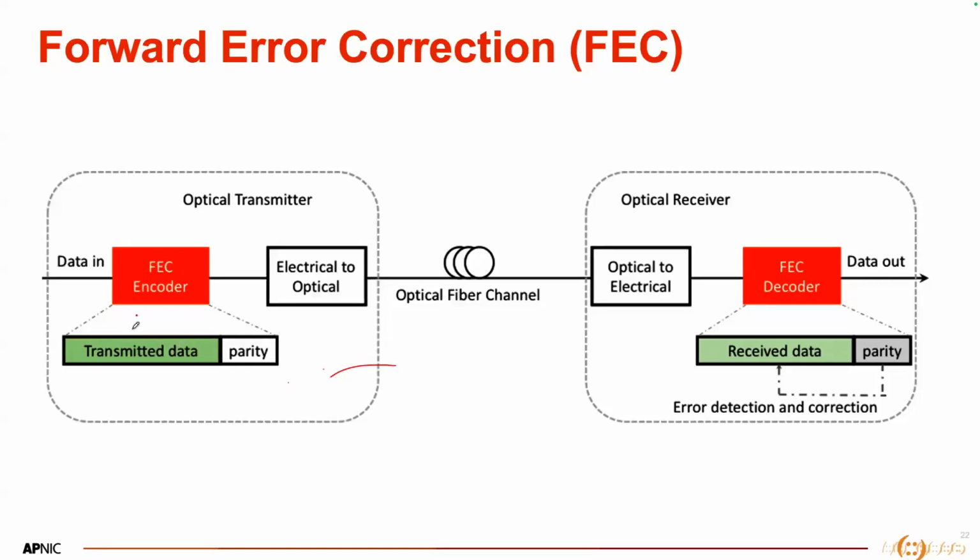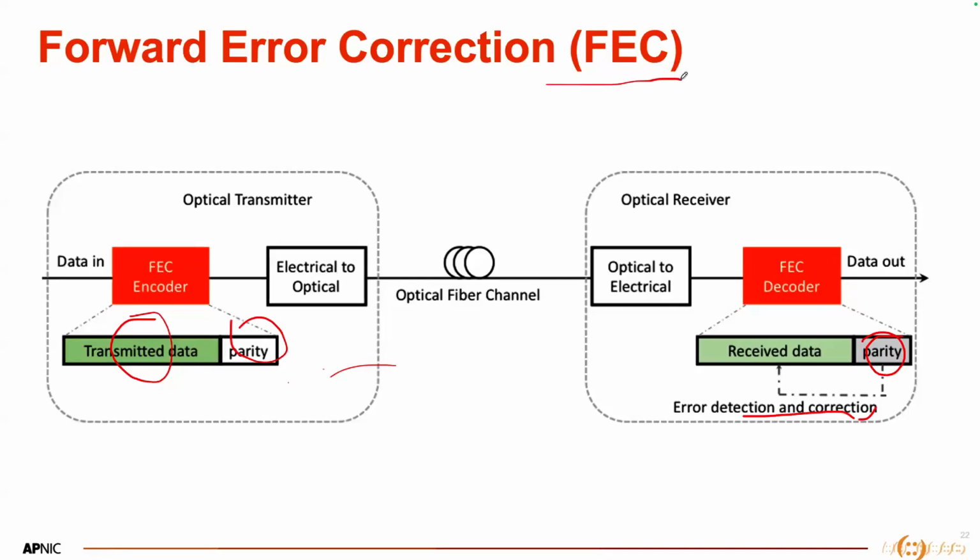When data is transmitted, it adds a parity, and at the receiving end, it checks the parity. If an error is detected, it is corrected. That is the whole idea of FEC.